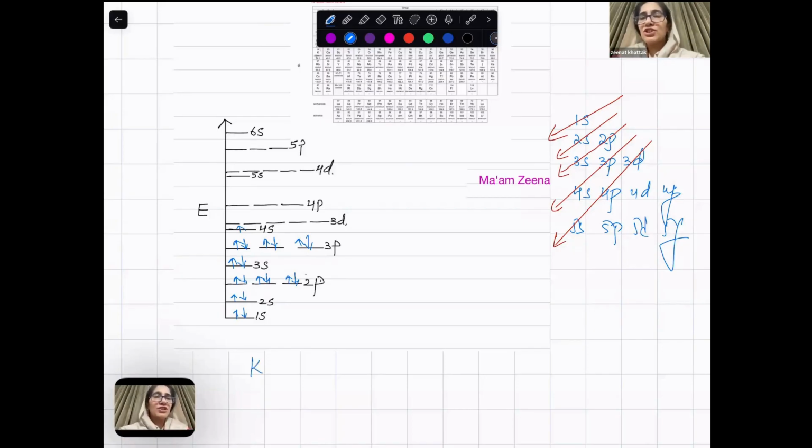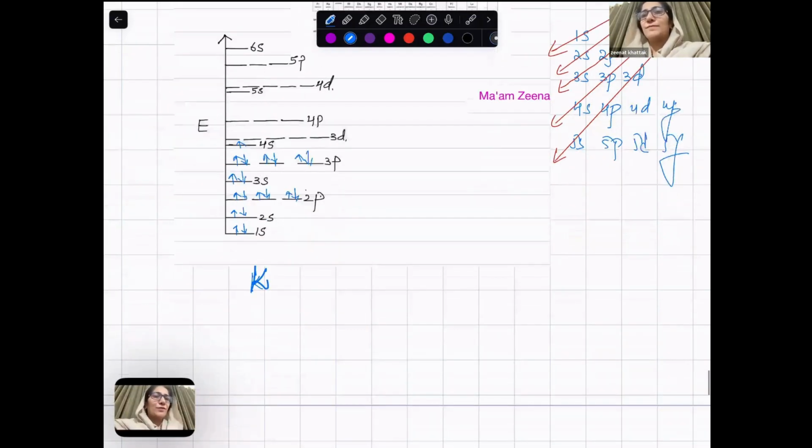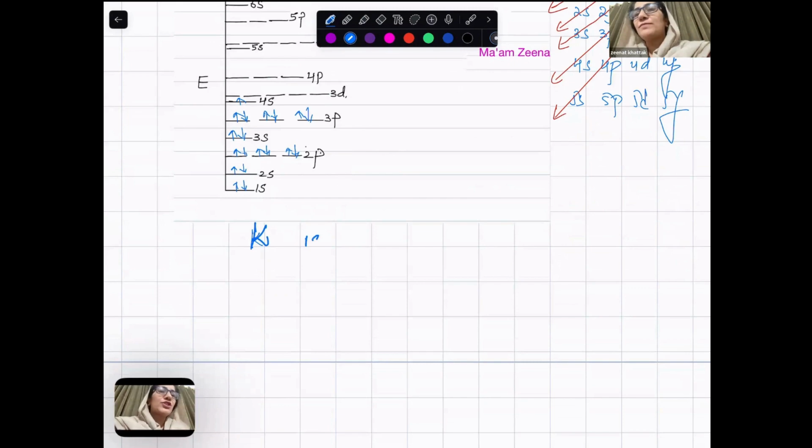So for potassium: 1s2, 2s2, 2p6, 3s2, 3p6, and then the electron goes into 4s1. It's 19.